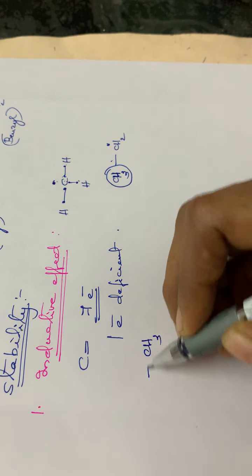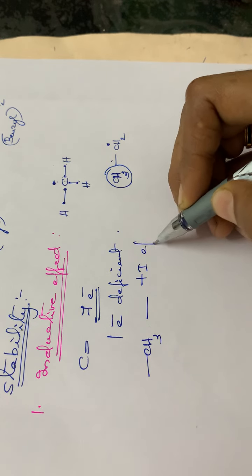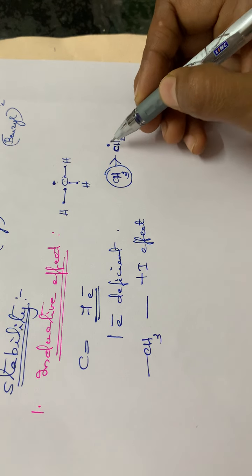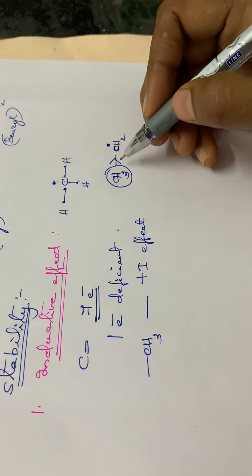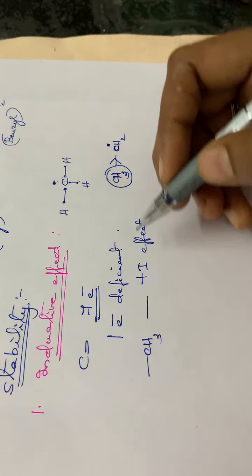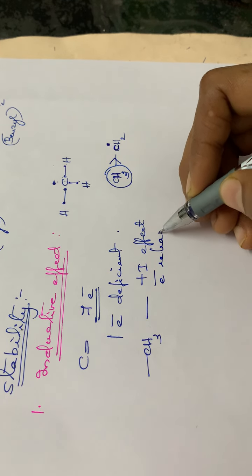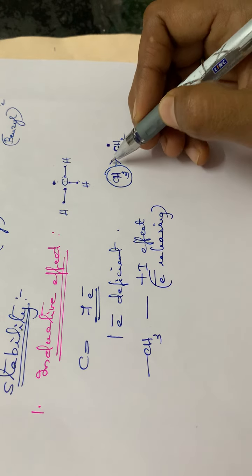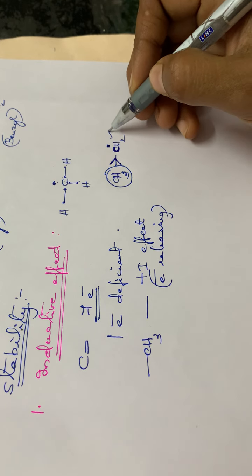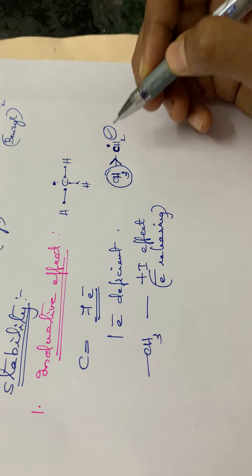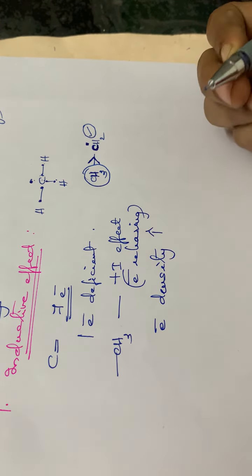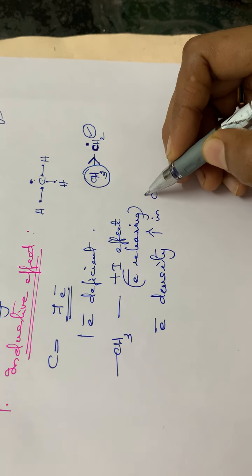CH3 group has a plus I effect, meaning it is electron releasing. So the electron displacement will be towards this electron deficient carbon atom. It shifts the electron density to this carbon, so the electron density increases in the carbon free radical.